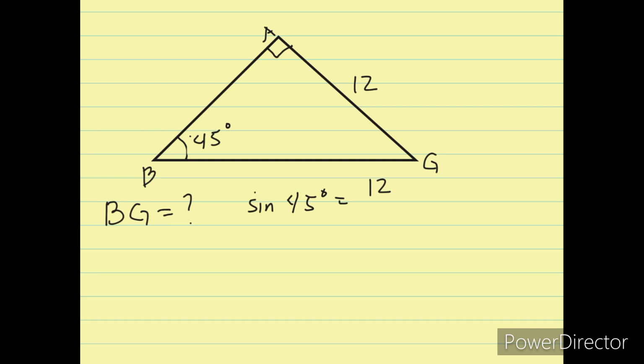So BG is equal to 12 over sine 45 degree. Next, what's the value of sine 45 degree? It is square root of 2 over 2.